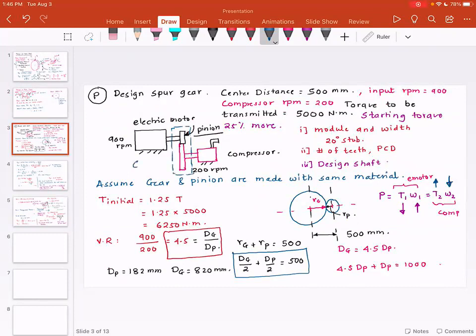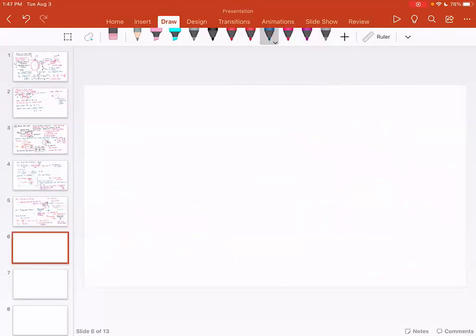This is the gearbox. If I were to draw the gearbox, this is how the gearbox looks like.